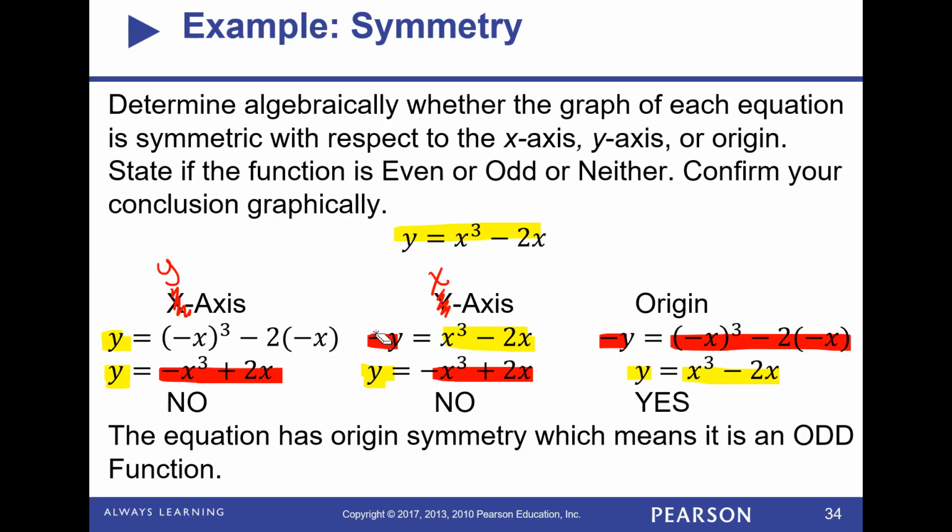Now here, you plug in -y, that's as simplified as that goes. So you can kind of see automatically whether or not it passed or not. And over here, again, left and right side, I've got them in there.